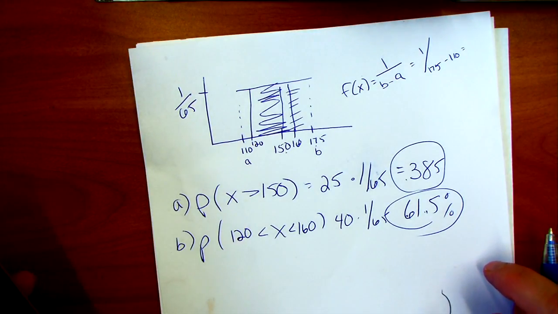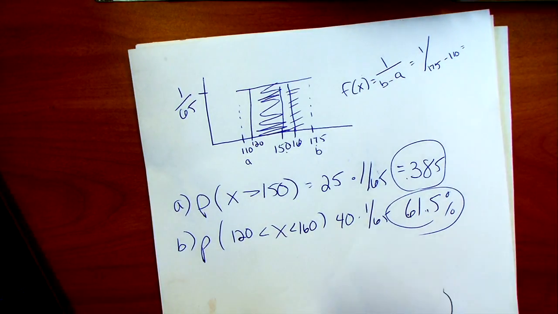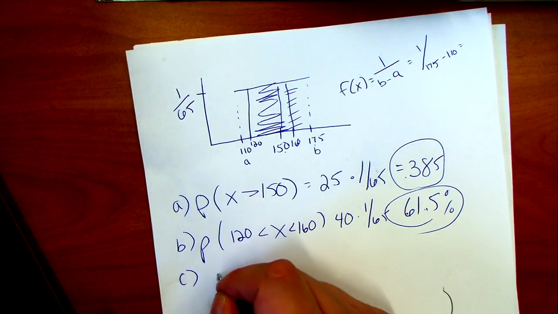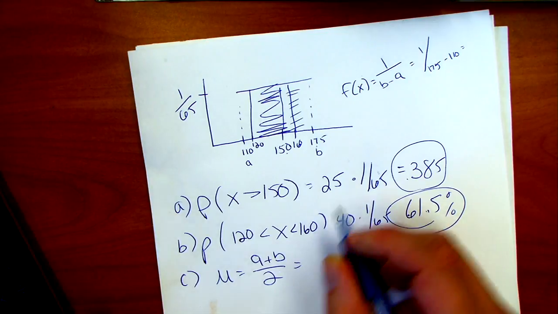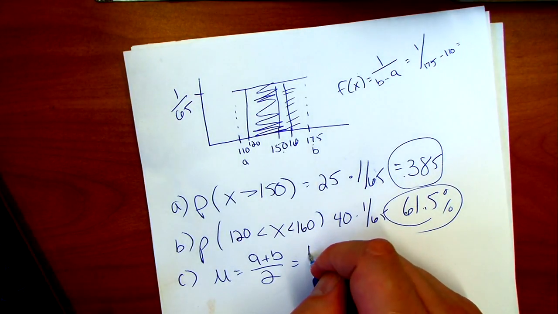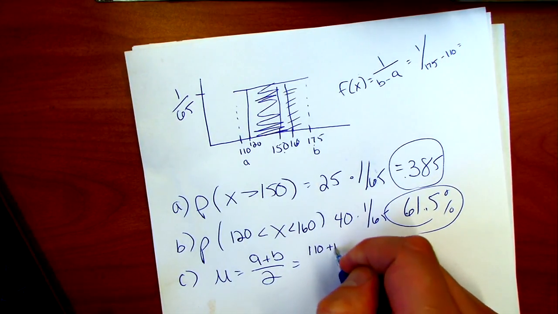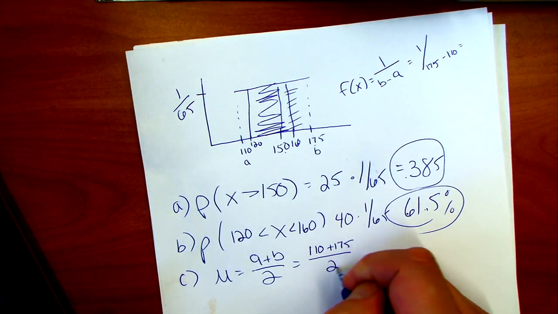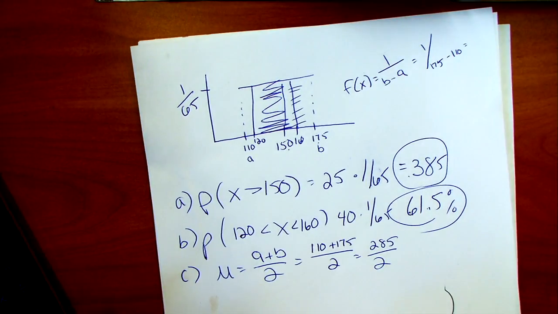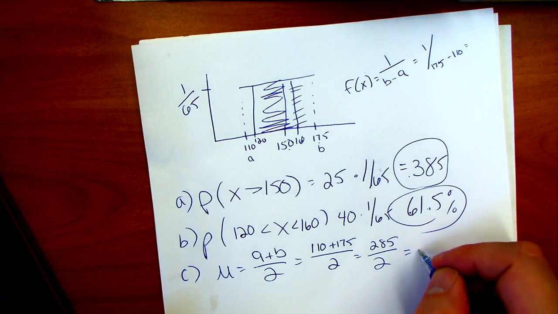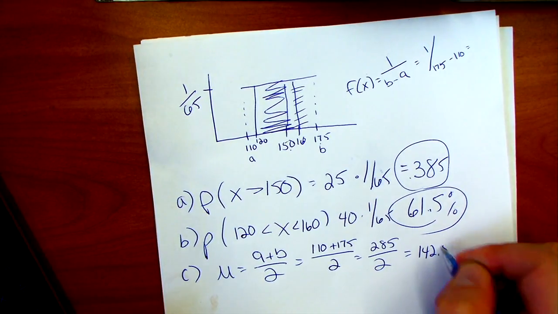So that was easy. What if it asks us for the average output? So the average output is a plus b over 2. Because this thing's symmetrical, I just want the midpoint. 110 plus 175 divided by 2 gives me 285 divided by 2, which gives me 142.5.